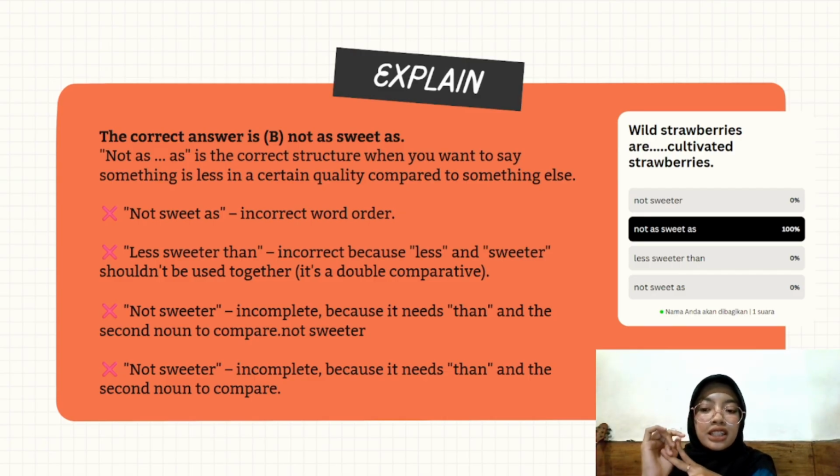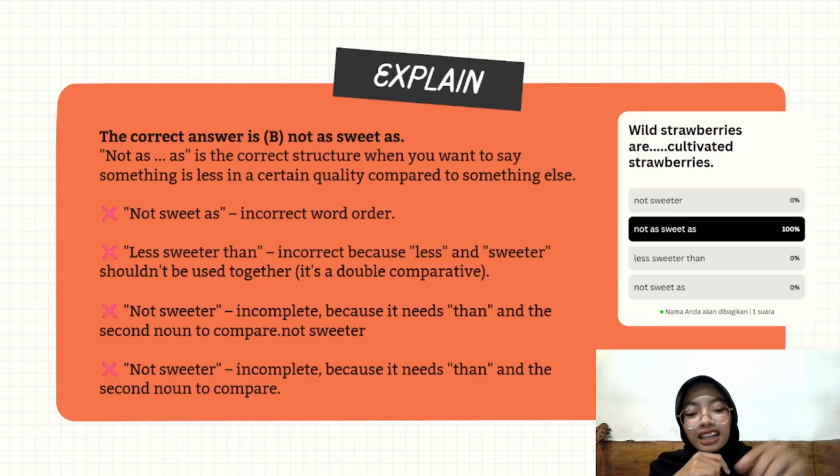Less sweeter is incorrect because less and sweeter shouldn't be used together; it's a double comparative. Third, not sweeter is incomplete because it needs than and the second noun to compare. Fourth, not sweeter is incomplete for the same reason. Not as sweet as is correct.